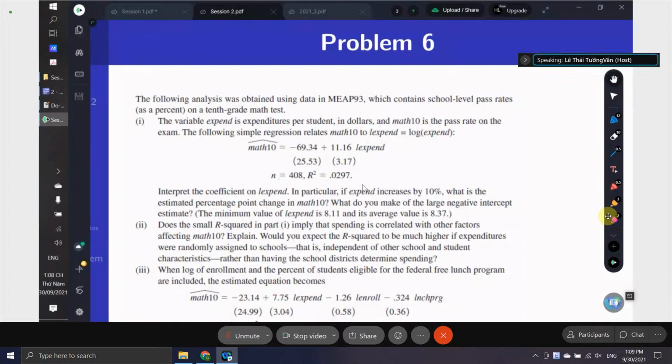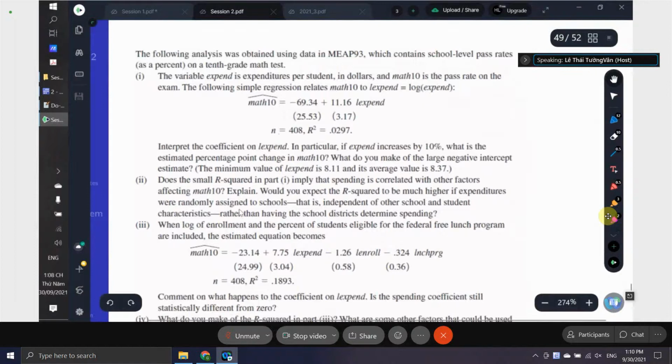The variable expend is expenditure per student in dollars, and math10 is the pass rate on the exam. The following simple regression relates math10 to log expenditure. Interpret the coefficient on log(expend), again the same, right?